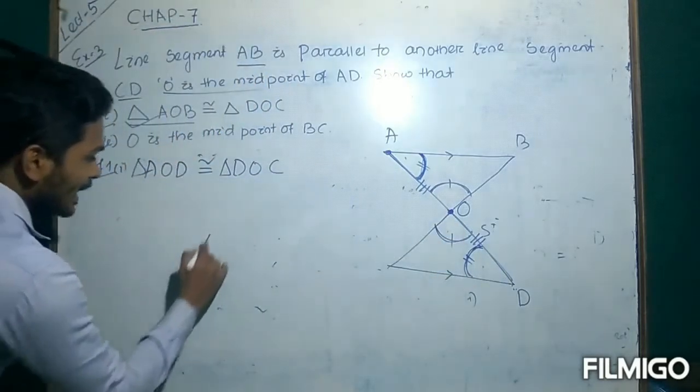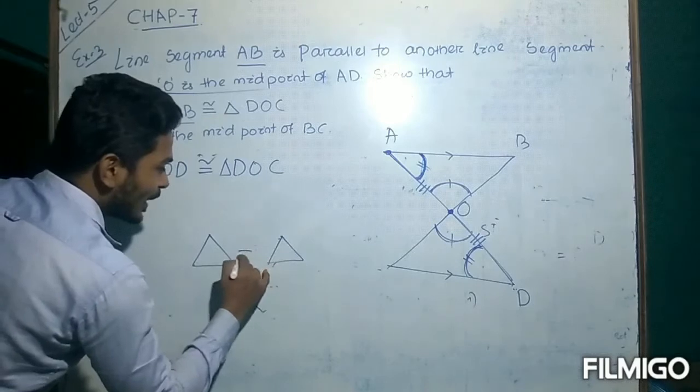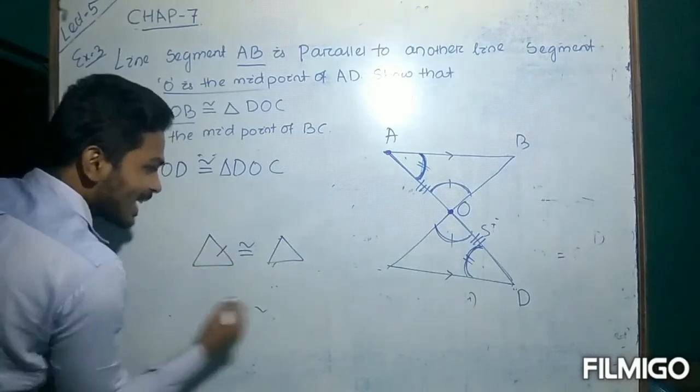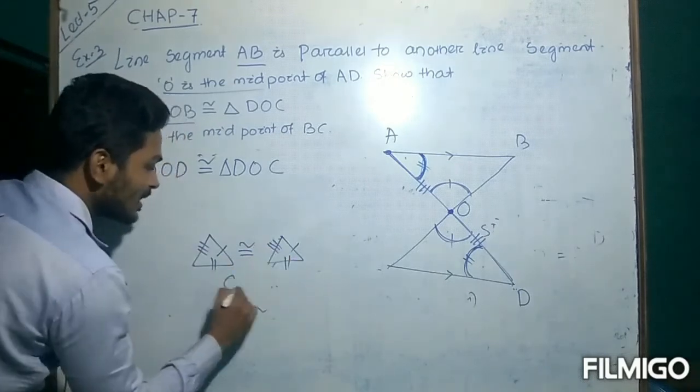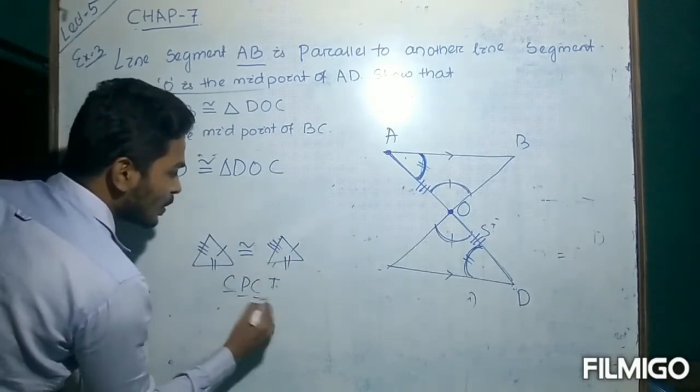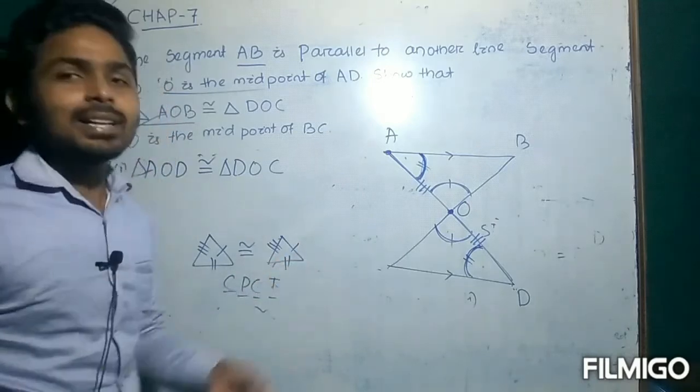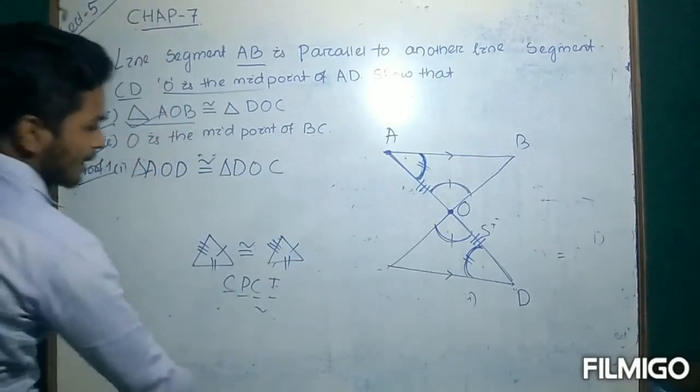For example, if this triangle and this triangle are congruent, then this side is equal to this side, and this side is equal to this side. These are known as CPCT, corresponding parts of congruent triangles.